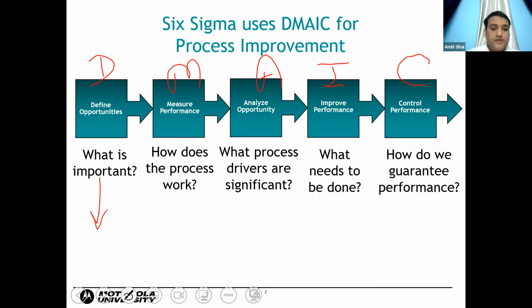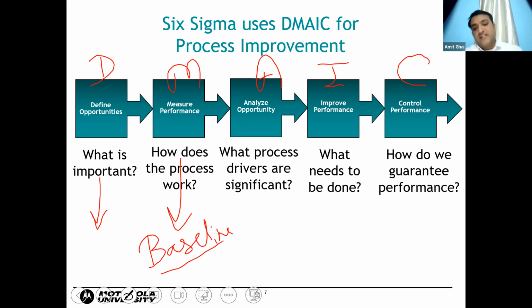In the define opportunity stage, we define what is important, what needs to be achieved, what is my goal, who is my team. In the measure phase, we measure statistically how my process is working today, and we set up the baseline. This is my starting point.